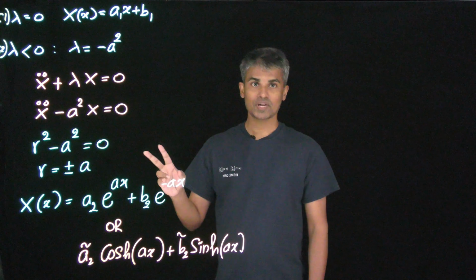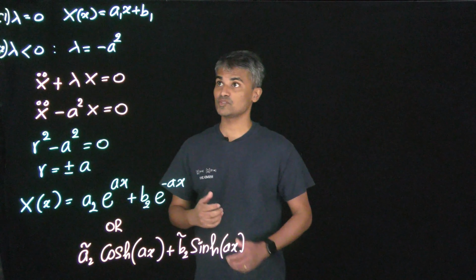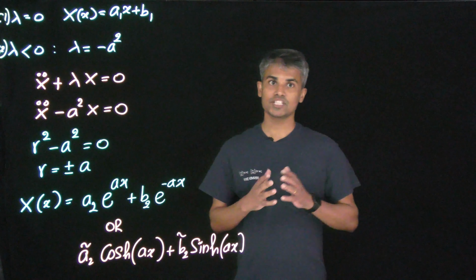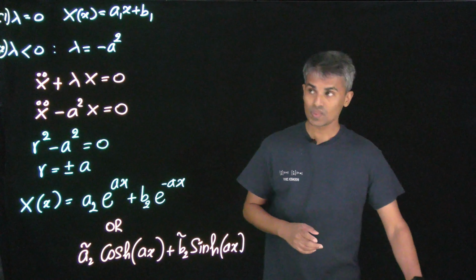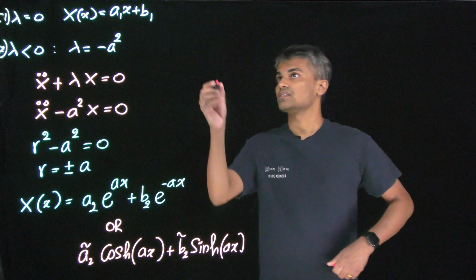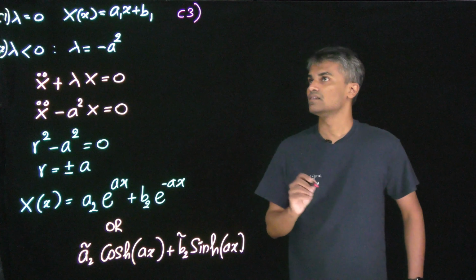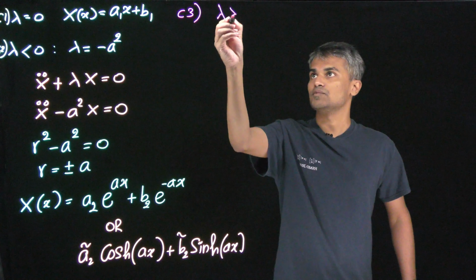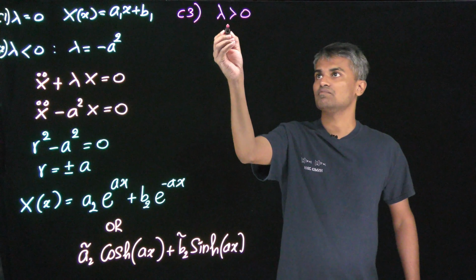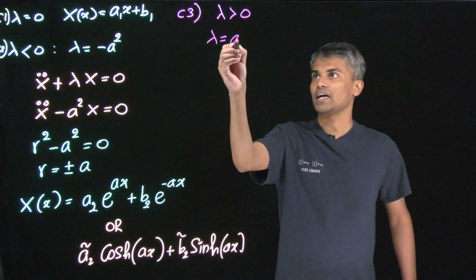So, we finished two cases. The next step is to consider positive values for lambda. Okay. So, that is case 3, let us say C3. So, now lambda is positive. So, let us say lambda equals a squared.